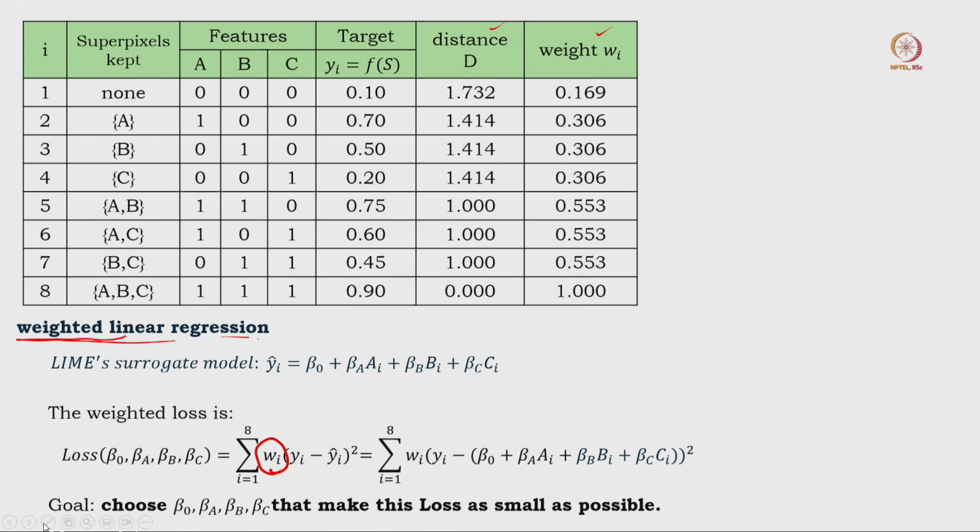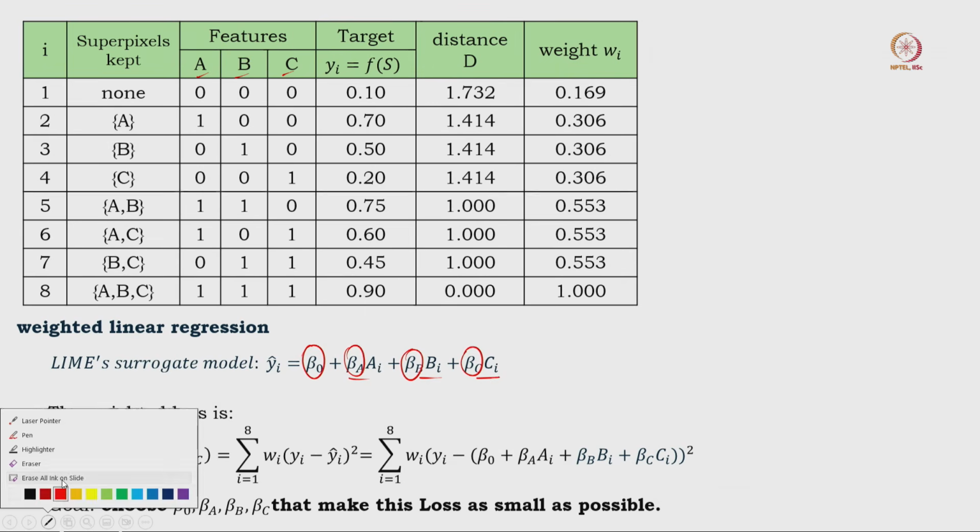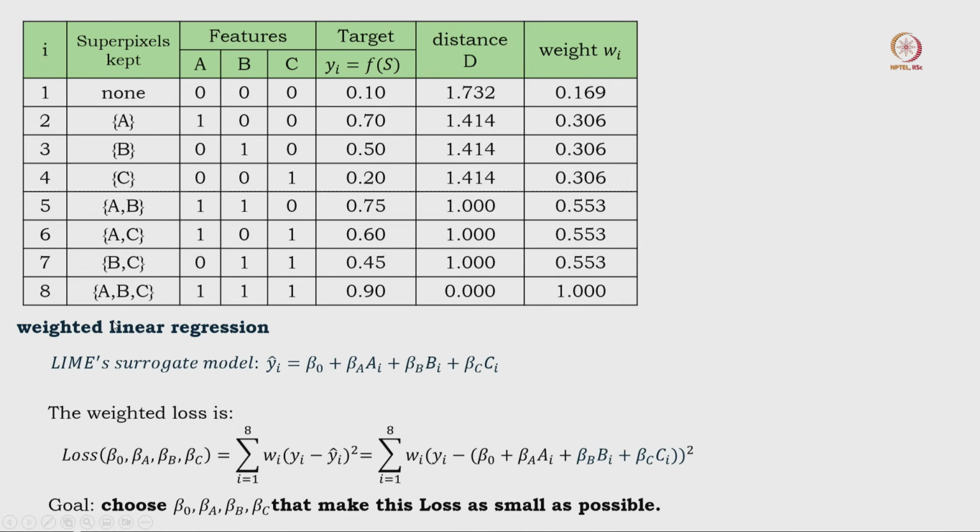Since the number of features we have considered is 3, there are 3 terms, with coefficients for each of these features. Our aim is to get the best possible beta values. How? By passing it to weighted linear regression, the same concept you saw in the previous slide. You minimize this error, and by minimizing it we get the best possible values.